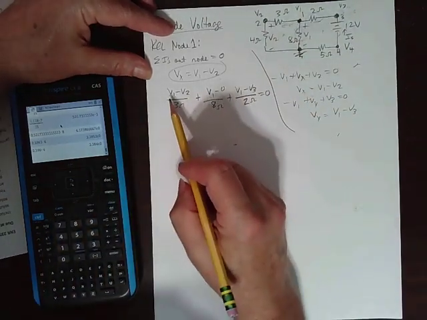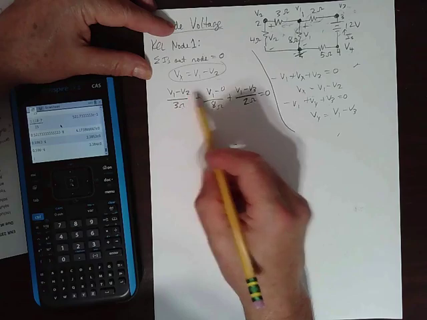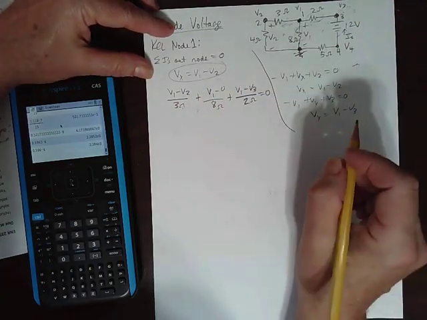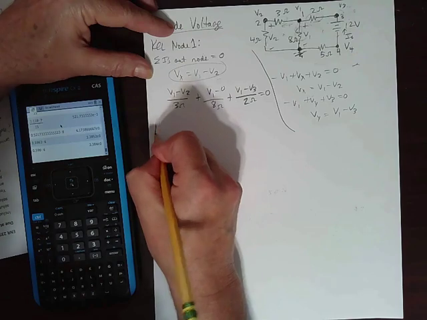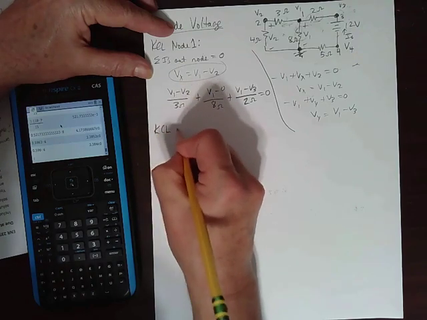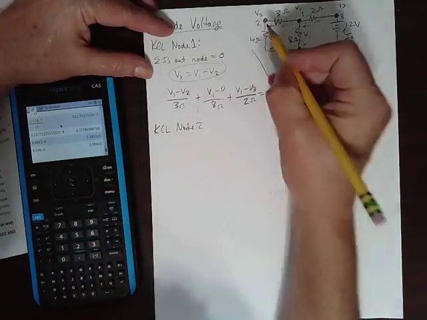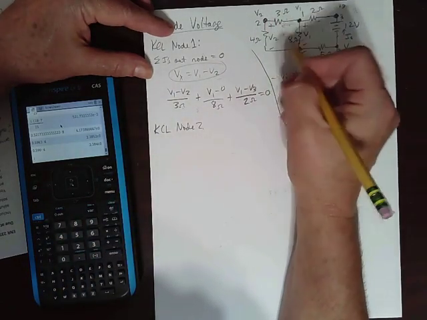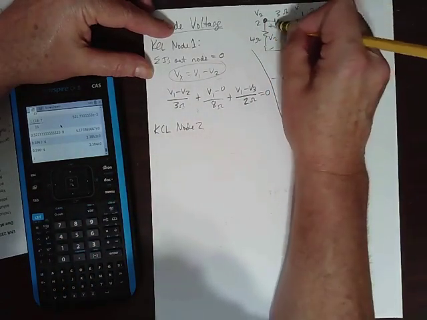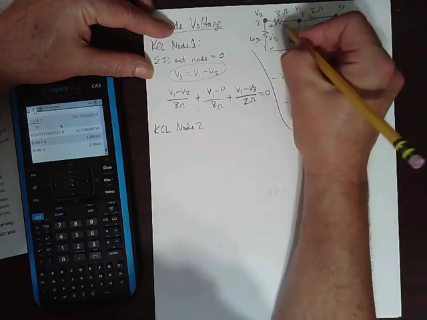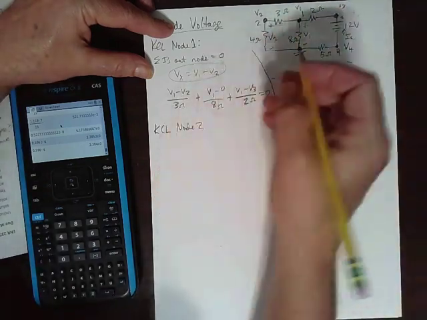So now we have one equation, with 3 unknowns. We need more equations, right? But luckily, we have more nodes. KCL node 2. Looking at this node here, node 2, we want to write the equation for the currents all going out of this node. So we want current this way and this way. Same kind of process.